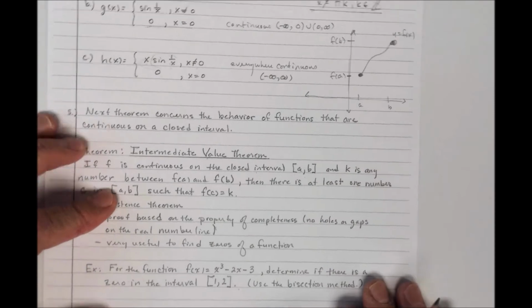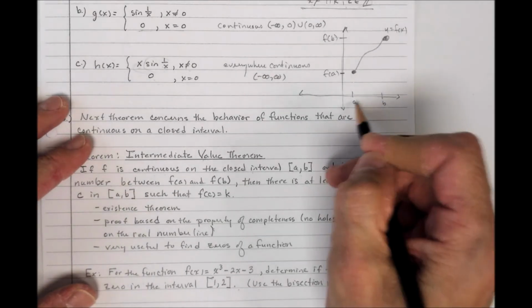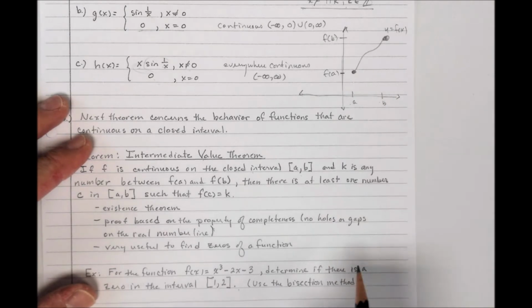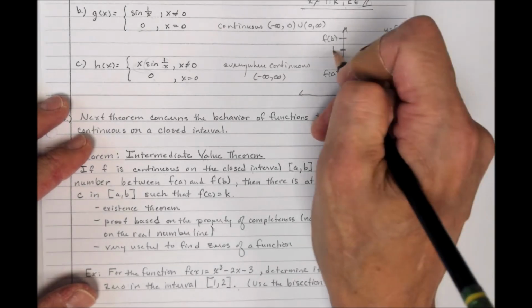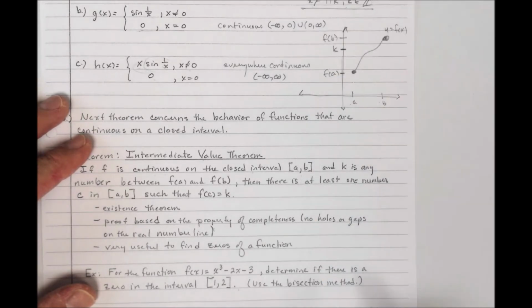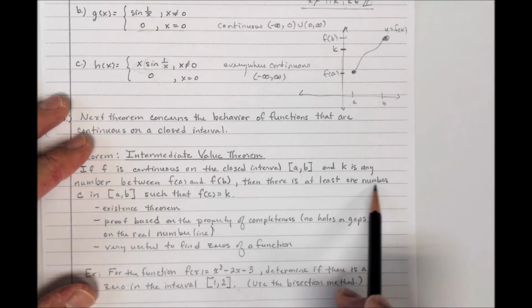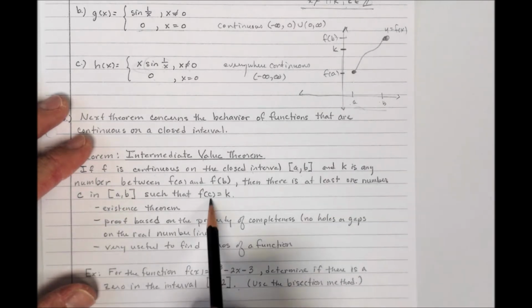Hopefully you can see that okay. All right, now what this is saying is if we have continuity on the closed interval from a to b, and we pick some number k in between, let's say k is right here. It's in between f of a and f of b. Then it says there's at least one number c in this interval from a to b such that f of c is equal to k.